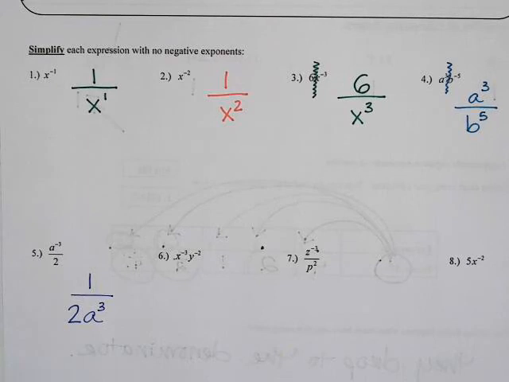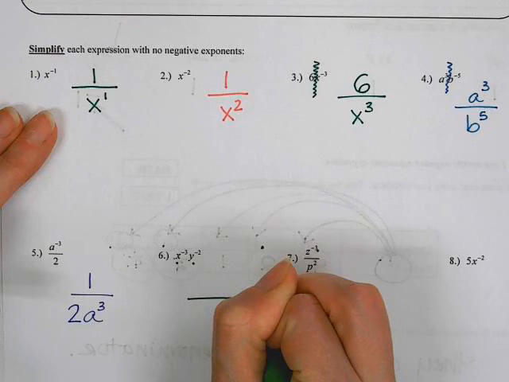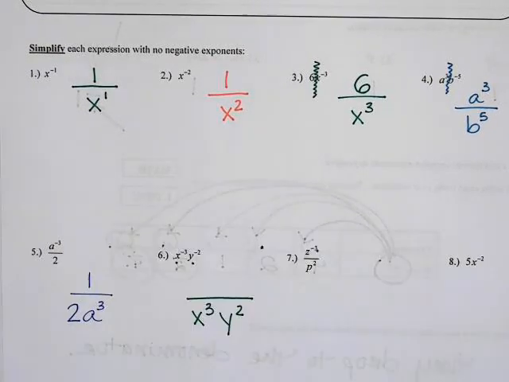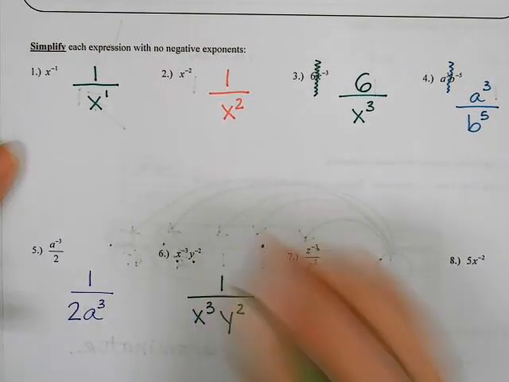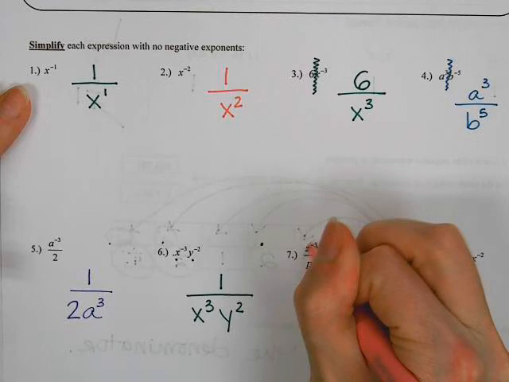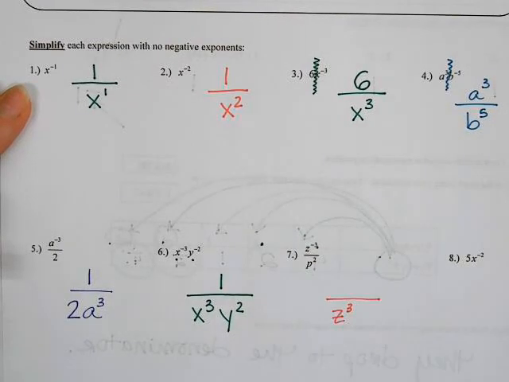Okay, number 6. If you have 2 bases with negative exponents, they both drop and they both become positive. And since everything's down, we still need a 1. Okay, number 7, if you have a base with a negative exponent, we need to drop it and it becomes positive.